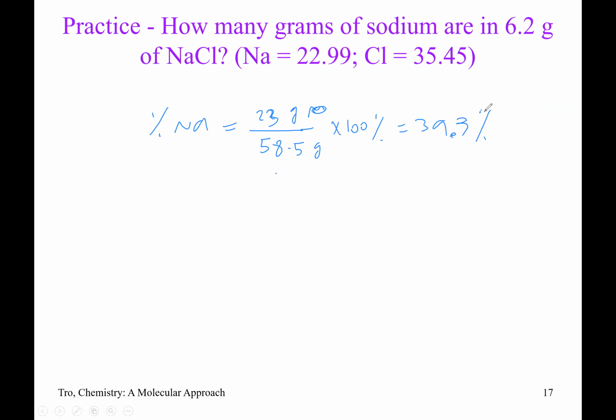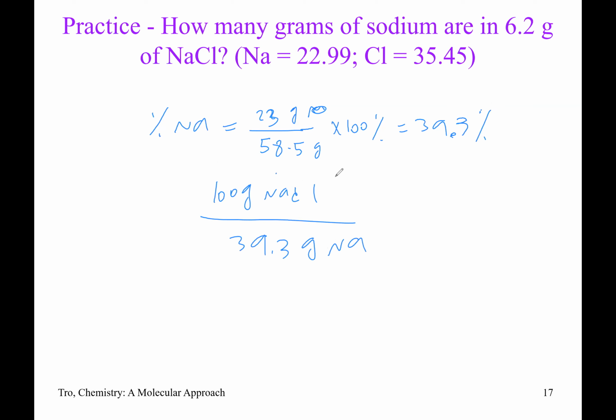Okay, so what does that mean? That means 100 grams of NaCl is going to have 39.3 grams of Na. So now we have a workable conversion factor here.